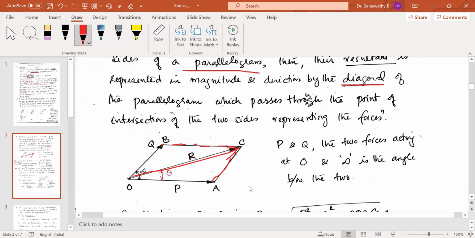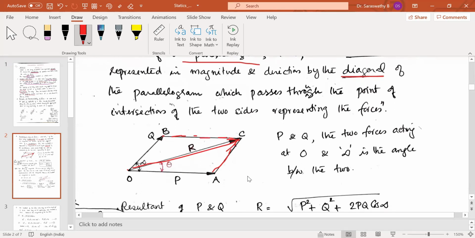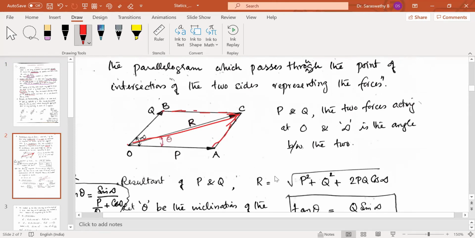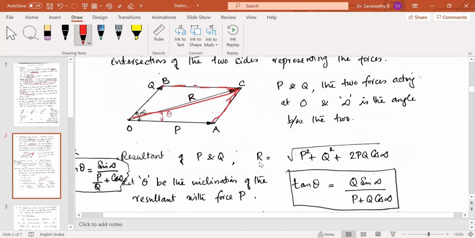And the parallelogram law, I'm not going into the derivation, just reviewing it: the resultant R is equal to the square root of P square plus Q square plus 2PQ cos alpha.